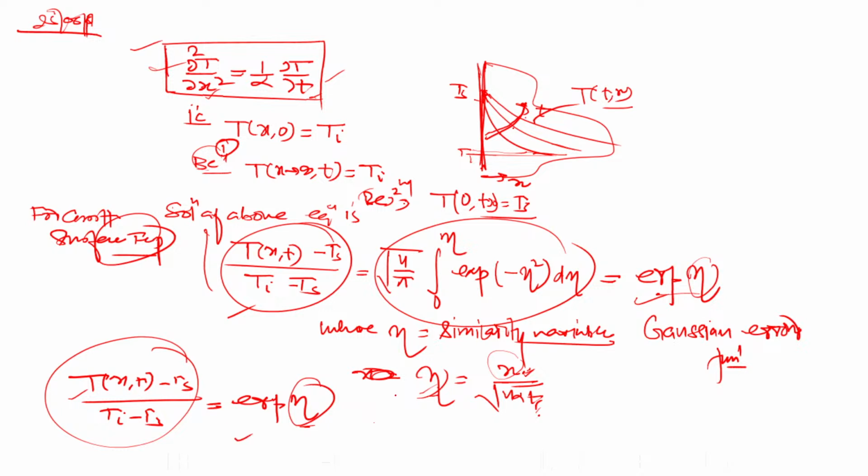So this is the temperature distribution, because temperature is a function of x and time, that is given to you in the form of the error function. So how can you find out the heat flux? The surface heat flux. If you are asked to find the surface heat flux, it means at x equal to 0.